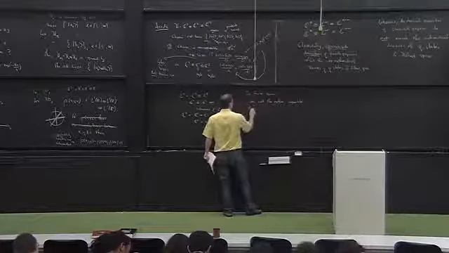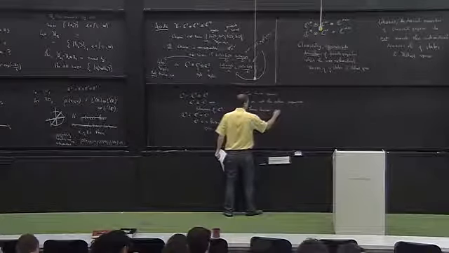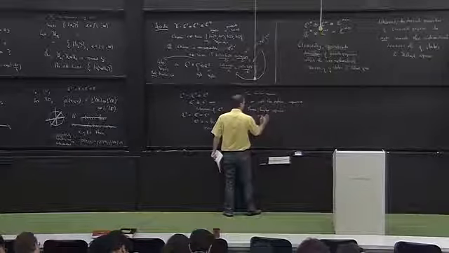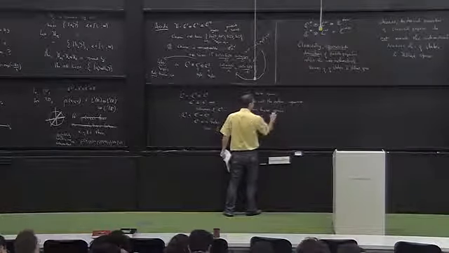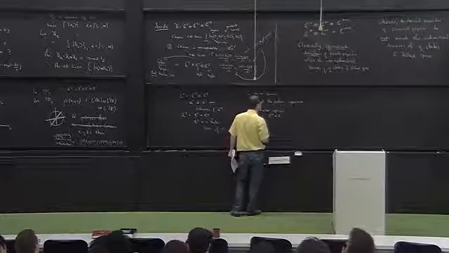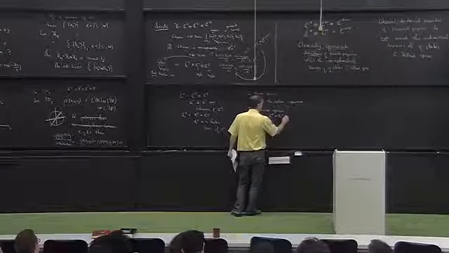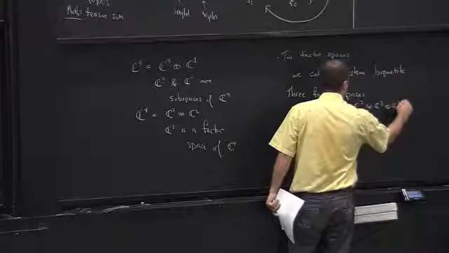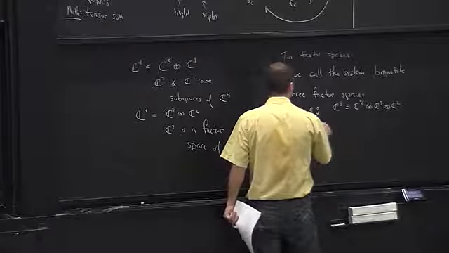If we have three factor spaces, so this would happen if I had, say, 3 spin-half particles, for example, C8 is equal to C2 cross C2 cross C2, we call the system tripartite.